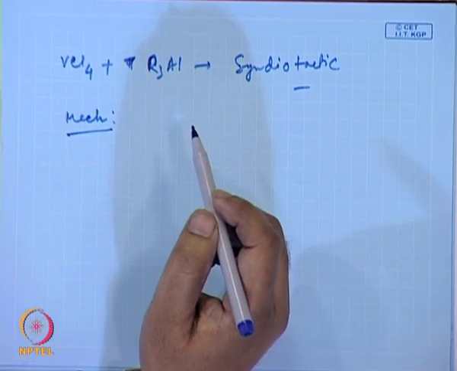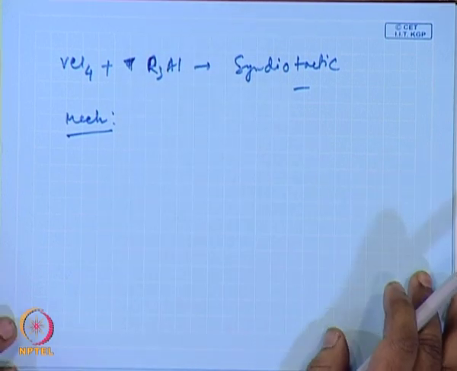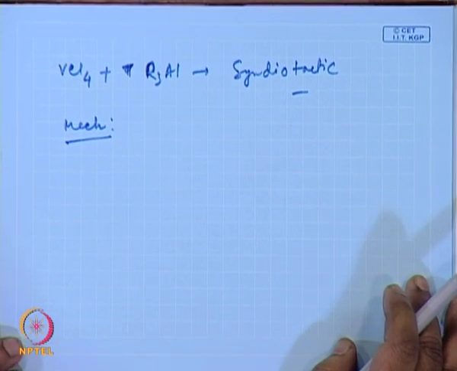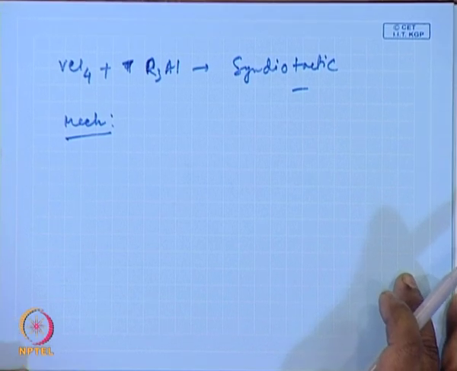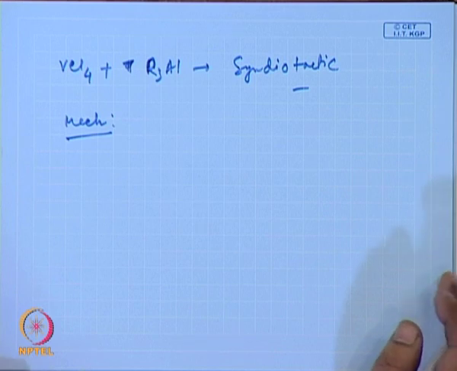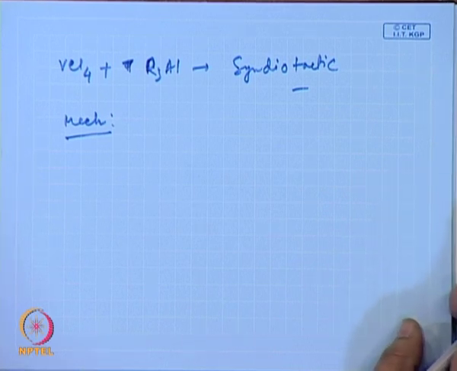Now, what is the mechanism by which these polymerizations happen and stereotacticity is maintained?